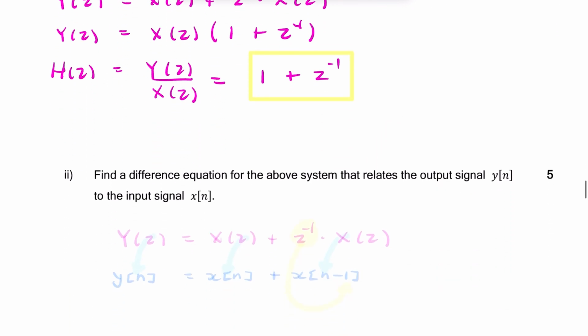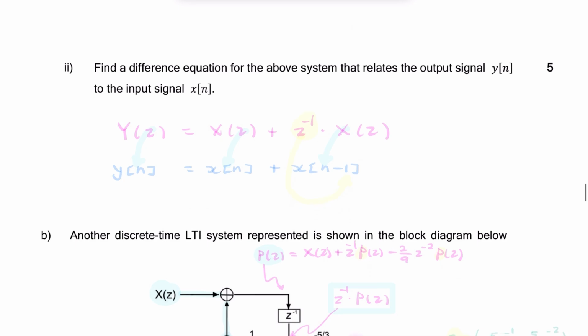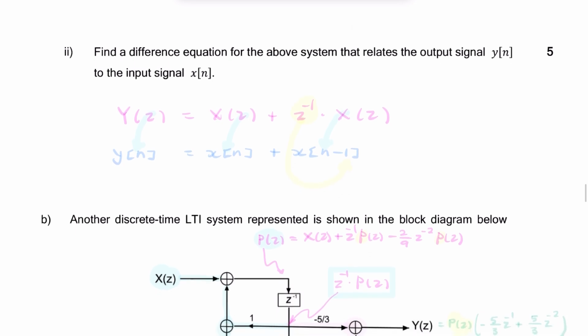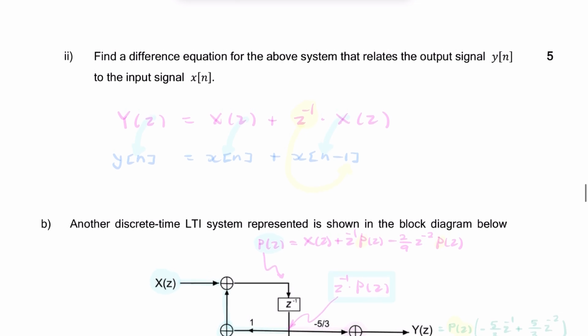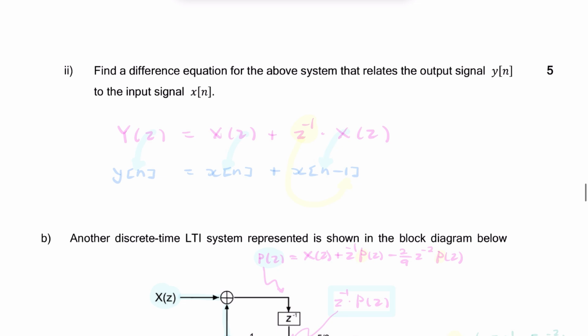So the question goes on to ask for a difference equation. We could get that directly from the block diagram, or we could get it from the expression there by simply taking the inverse z transform of each of these terms.